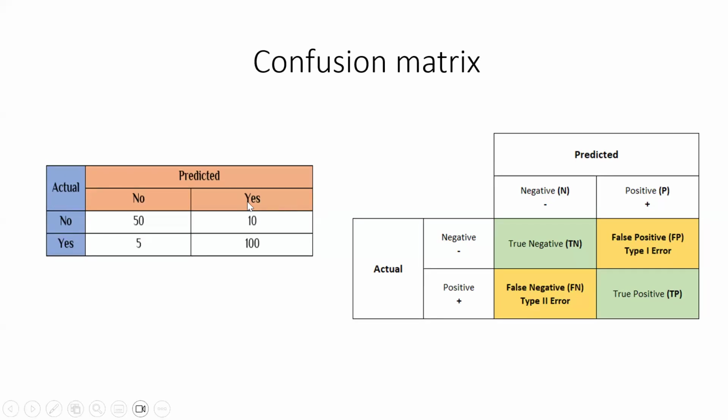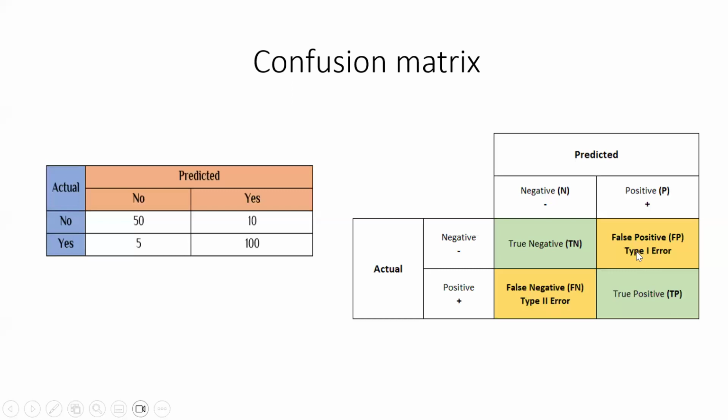In this, there are 50 subjects in the true negative category and 100 subjects in the true positive category. True positive means 100 subjects really have the fracture and the X-ray report also says the same. True negative means 50 subjects do not have the fracture and it is also visible in the X-ray report.